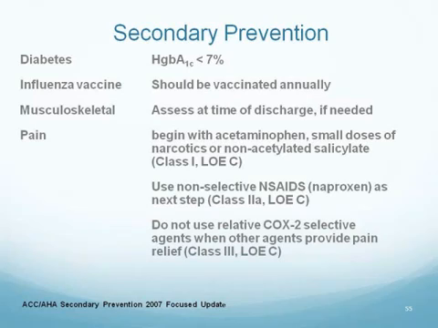If acetaminophen does not control the pain, to consider very small doses of narcotics or non-acetylated salicylates. And lastly, there is a class 3 recommendation, which means don't use it. So do not use the COX-2 selective agents when other agents are able to provide pain relief.